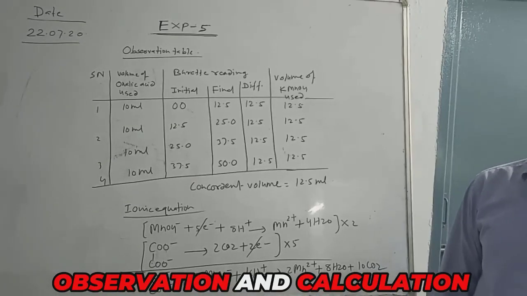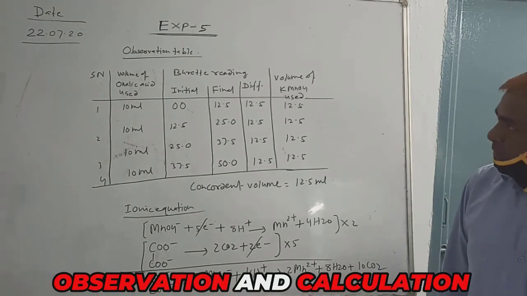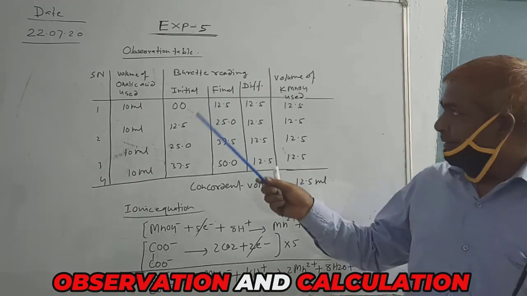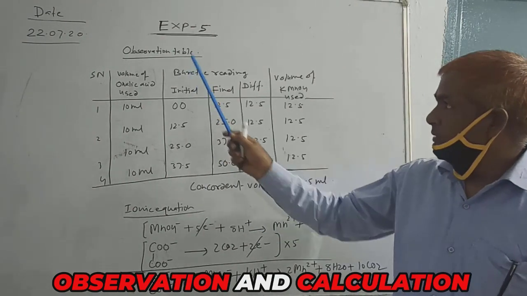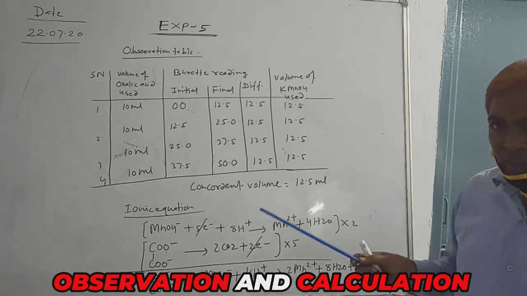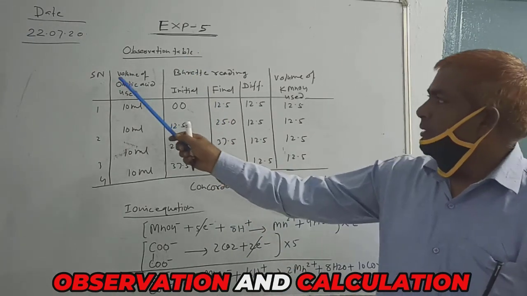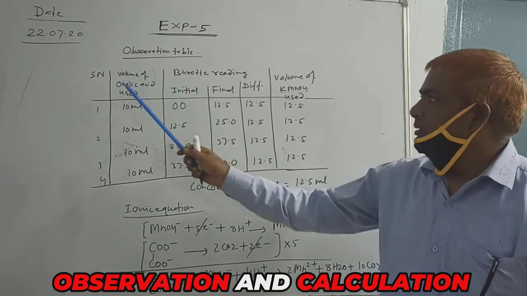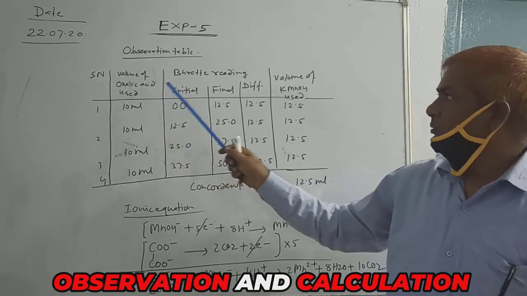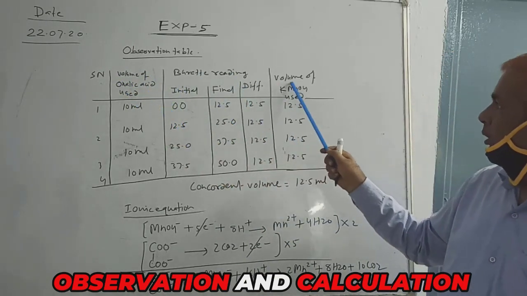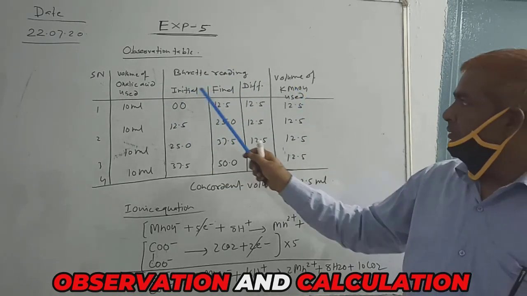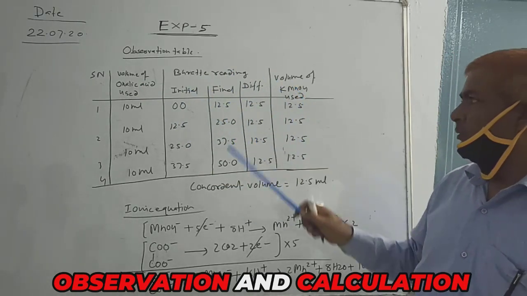For the first observation, calculation is required. First of all, note down the observation table. Again, same process as in the previous experiment. Make the table in the same way: serial number, volume of oxalic acid used, burette reading, volume of chemical used: initial, final, difference.